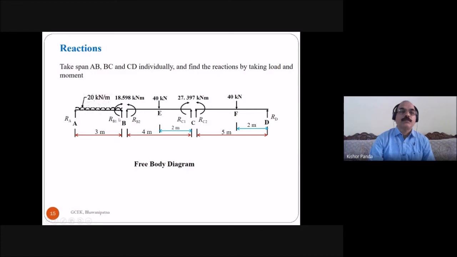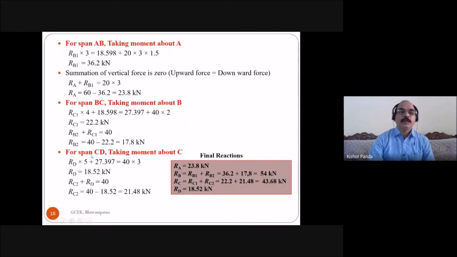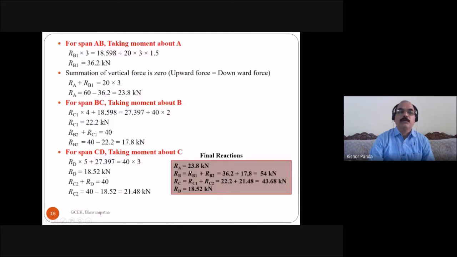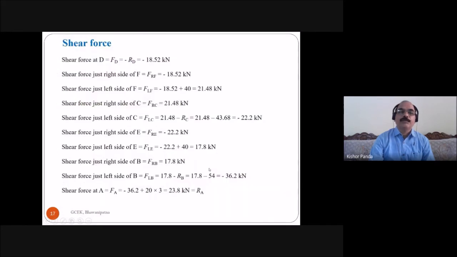Shear force at A, FA, is minus 36.2 plus 20 into 3, which is equal to 23.8 kilonewton, equal to RA. Already you got RA equal to 23.8 kilonewton. And these are the shear forces at different positions.